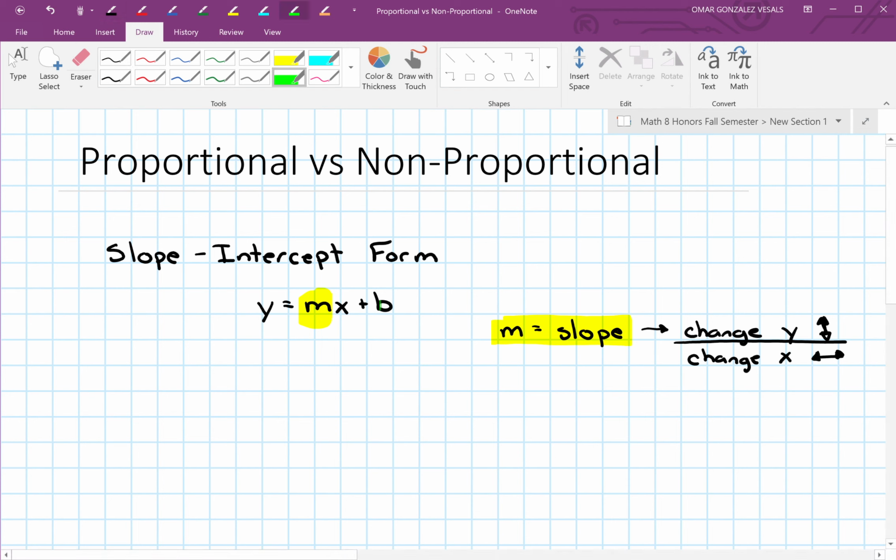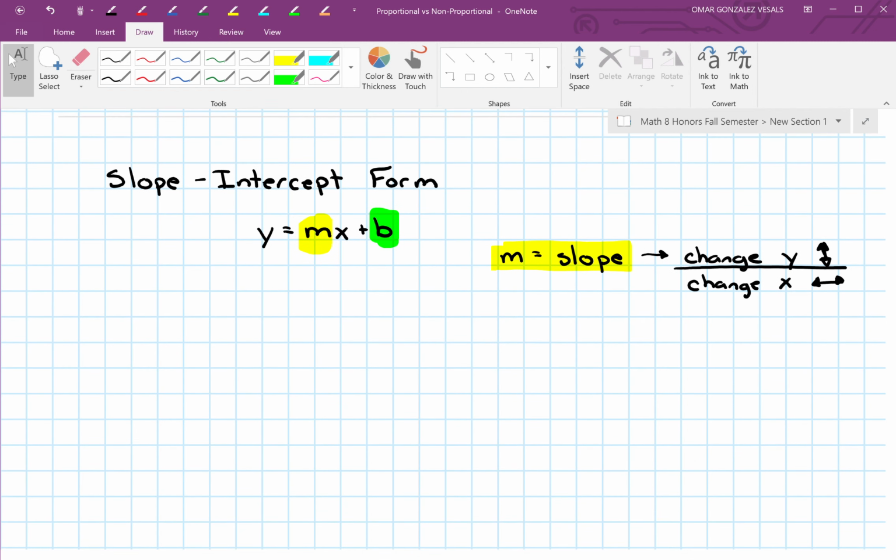And then we also have b. Does anybody know what b stands for? It's your y-intercept. Very good. B is your y-intercept.